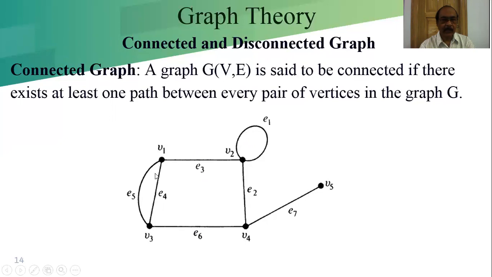The graph given here is a connected graph. Simply, if there exists a path between every pair of vertices, it is a connected graph. If not, it is a disconnected graph. That means if we choose two vertices and there does not exist a path, it is a disconnected graph. Clearly, this is a connected graph.